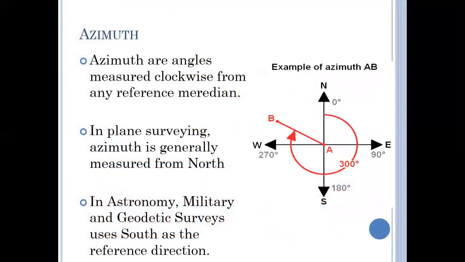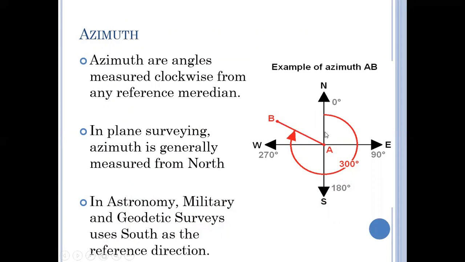Azimuth is the angle measured clockwise from the reference meridian. In plane surveying, this is generally measured from the north. Sometimes military and geodetic surveys use the south as a reference direction. And of course, the direction should be the same, clockwise. For this given example, we have a given line AB.